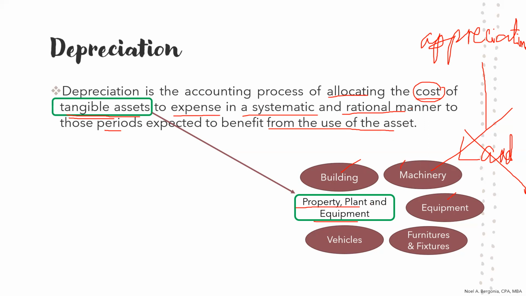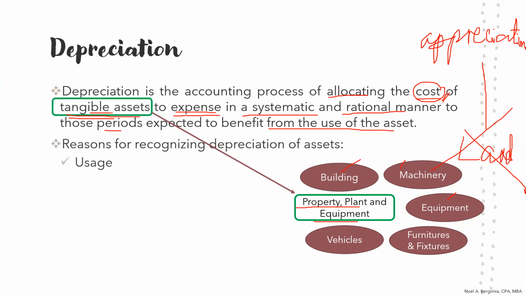So by how much have we recorded it at the time na binili natin? So that's the cost, di ba? Then of course, there are various reasons, which we will also be mentioning later, why we need to put that into expense. So what are the reasons why we are typically recognizing depreciation for these tangible assets?